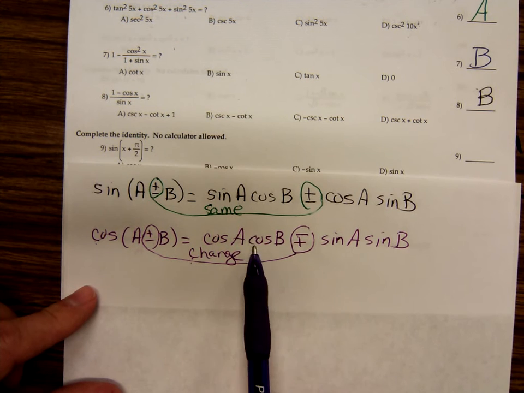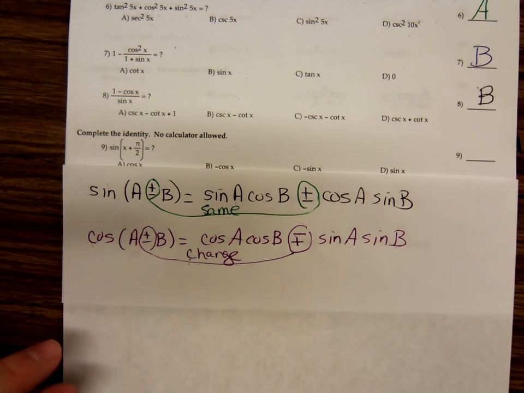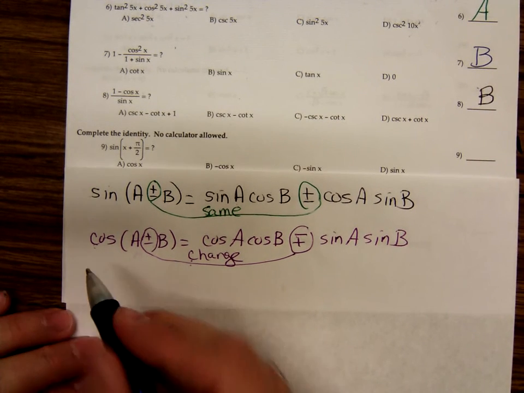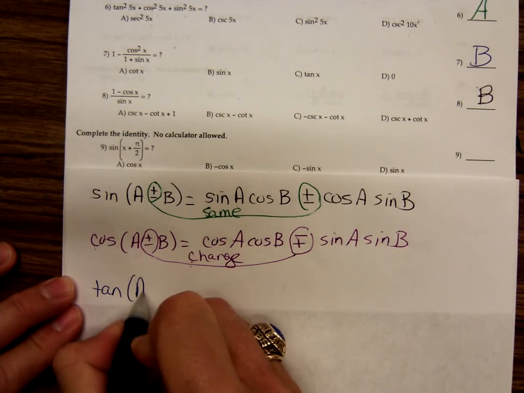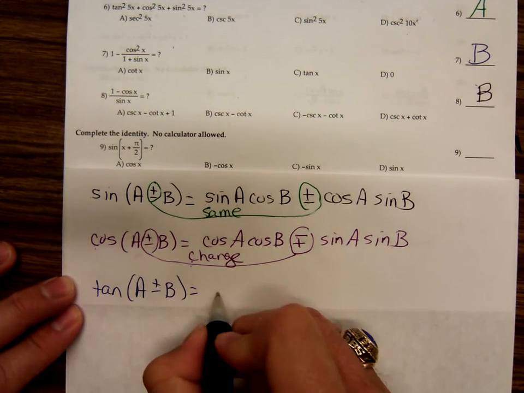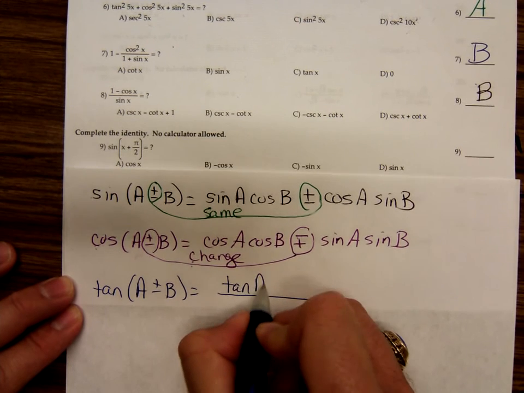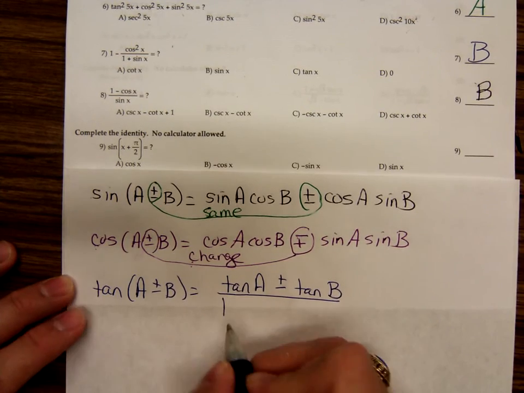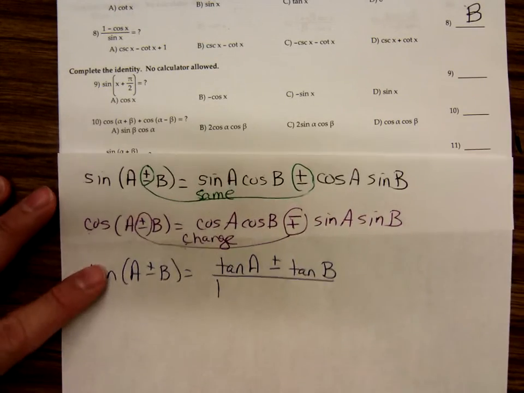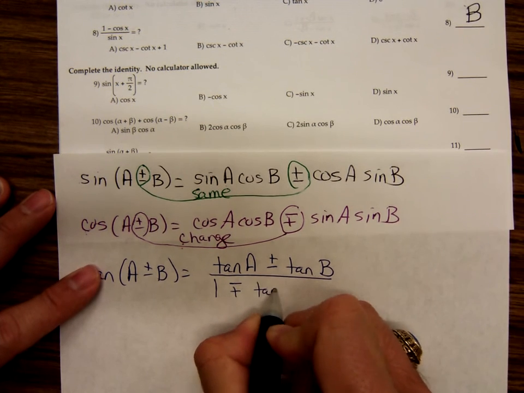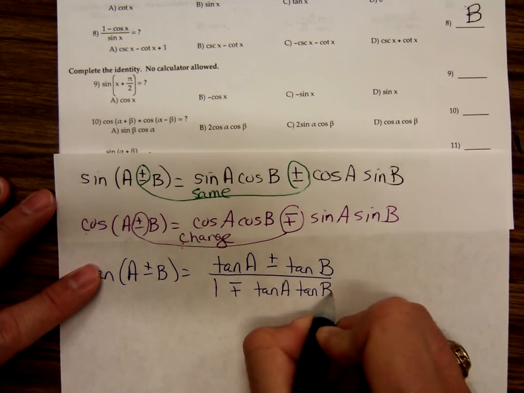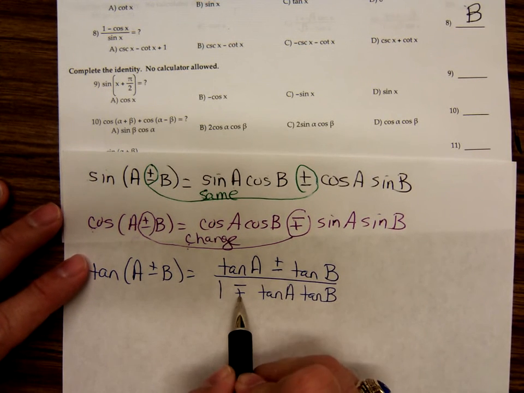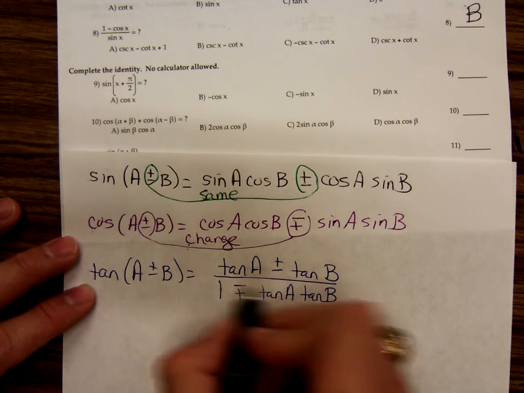Notice I'm going A, B, A, B. For tangent A plus or minus B, it's tangent A, same symbol, tangent B, over 1, change the symbol, tangent A times tangent B. You can remember same symbol and change the symbol based on the fact that tangent is sine over cosine.